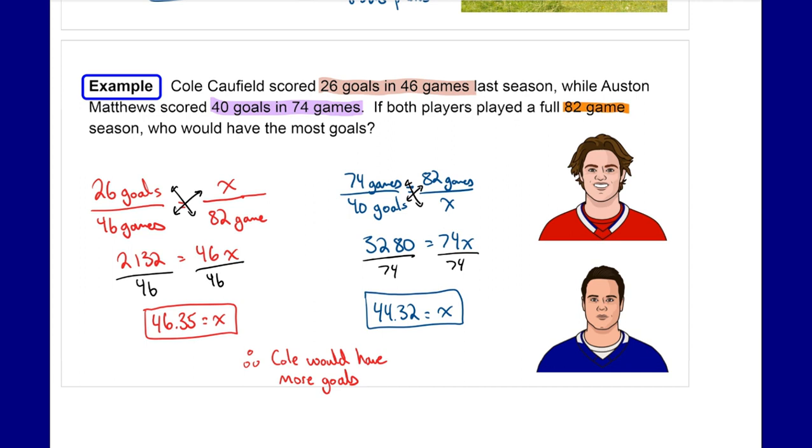So this is just an example of how we can use proportions in different scenarios, whether it's to increase a size or to make predictions or see what could happen. Essentially it's just an extension of looking at equivalent fractions, because all that's saying is that we're finding an unknown to make the fractions equivalent.